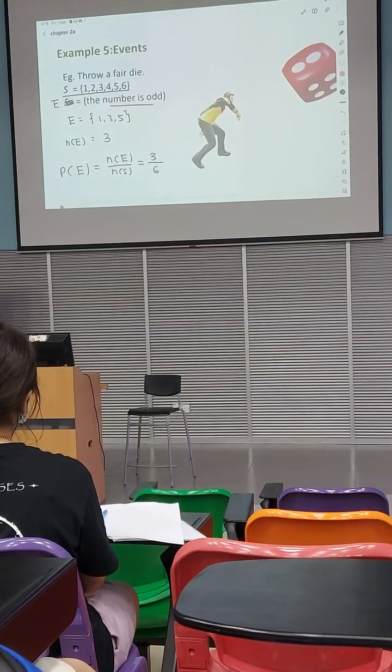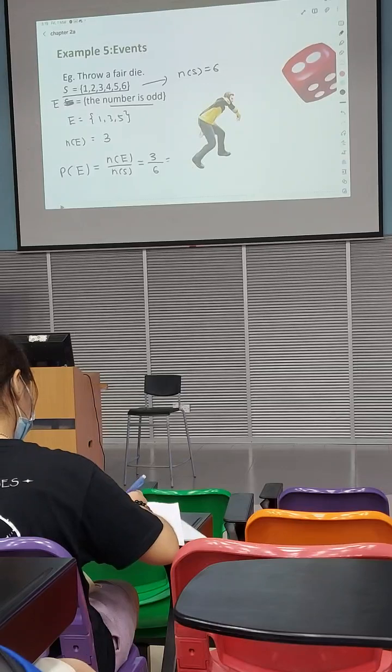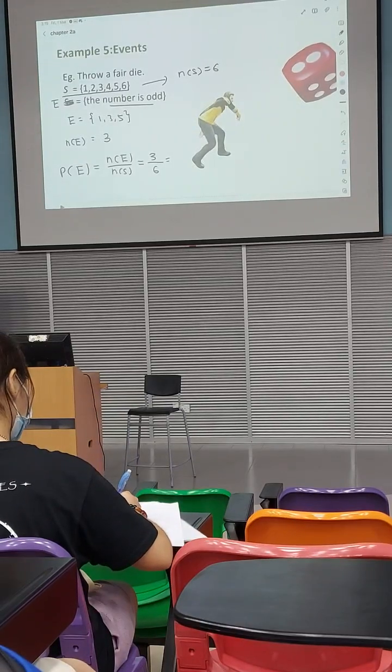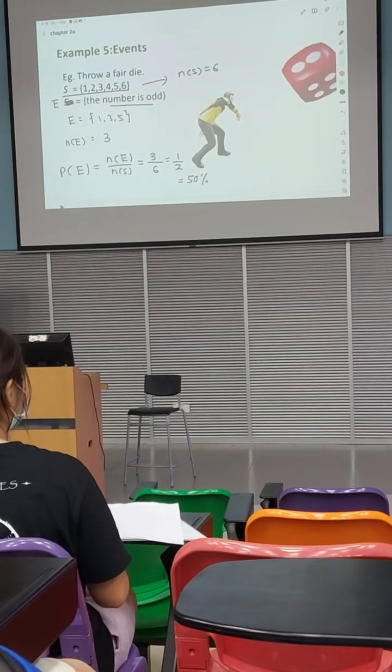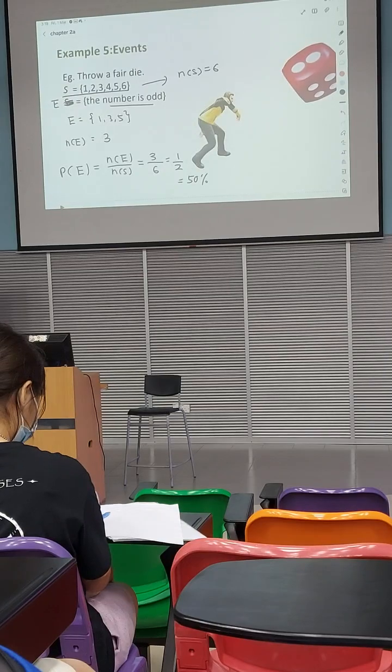Why? Because the number of sample space is equal to 6. Hence, the probability to get an odd number is equal to 1/2, or we say that it is 50%. That is how we can calculate the probability. Understand?